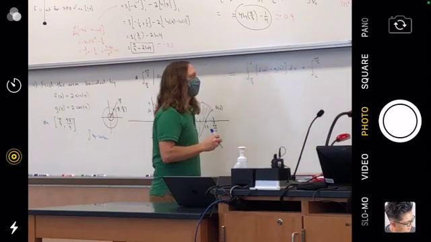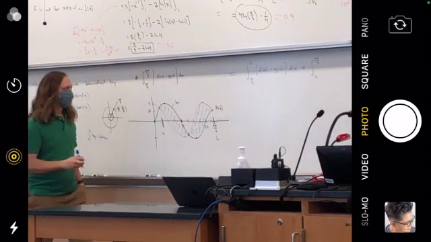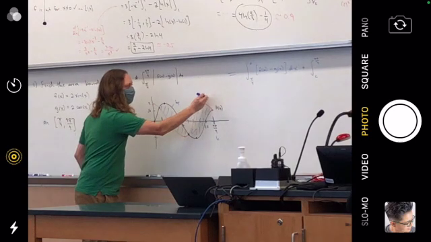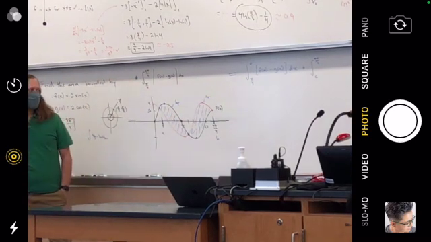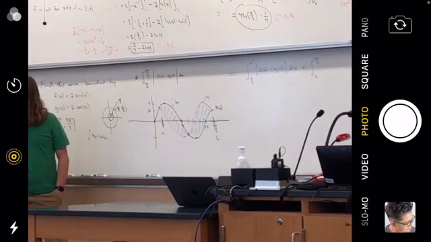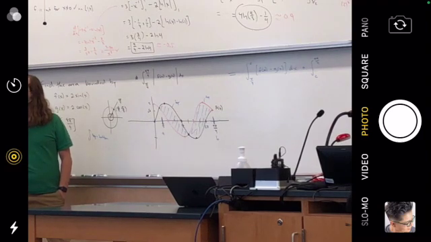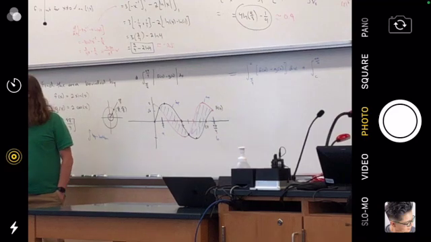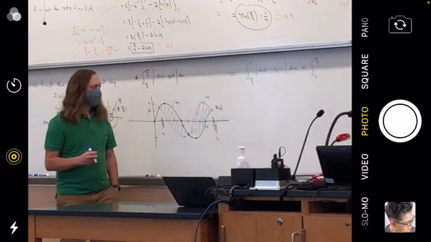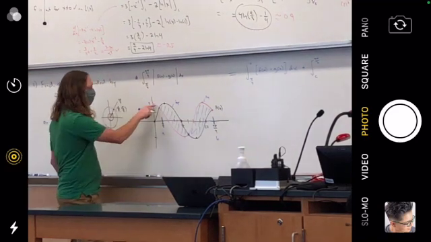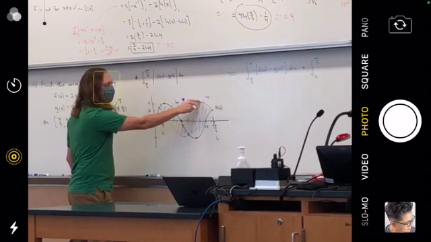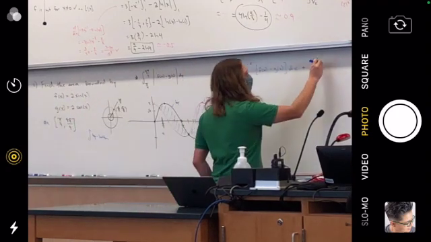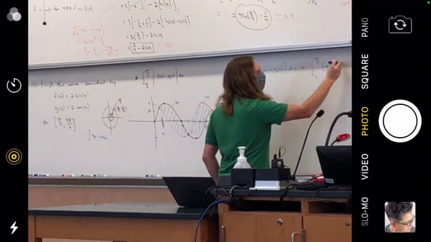And now what's my top function? Now the red curve is on top, which is g of x. So cosine of x started up here, so now cosine of x is the bigger one. So it's going to be g of x minus f of x.